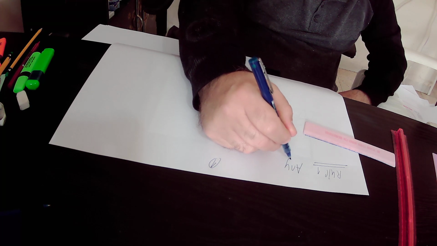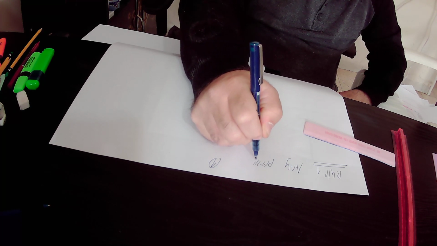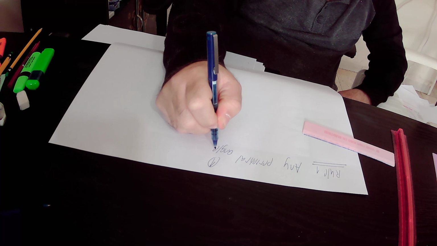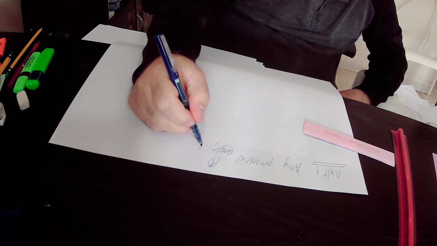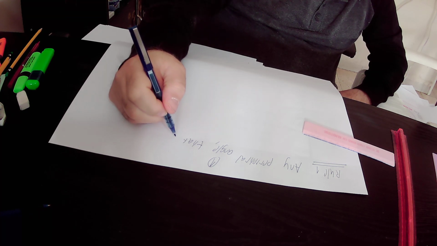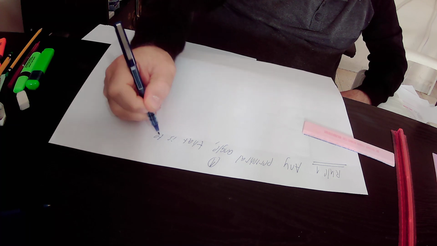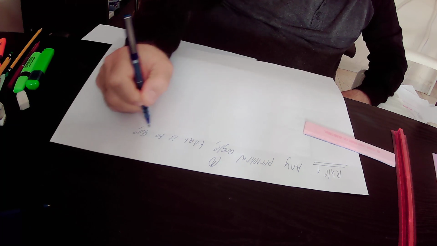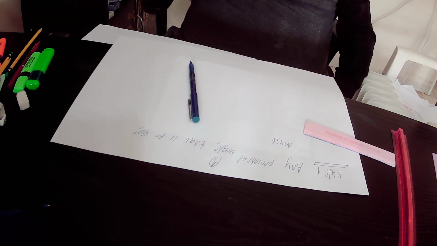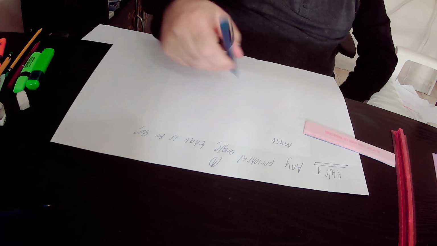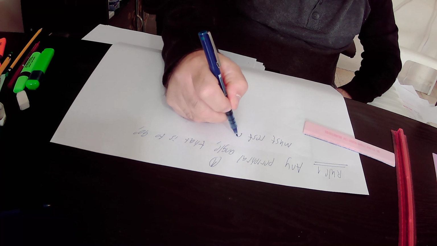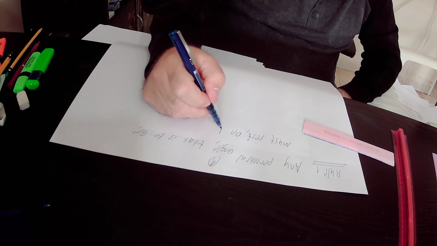Any peripheral angle that is equal to 90 degrees must rest on the diameter.